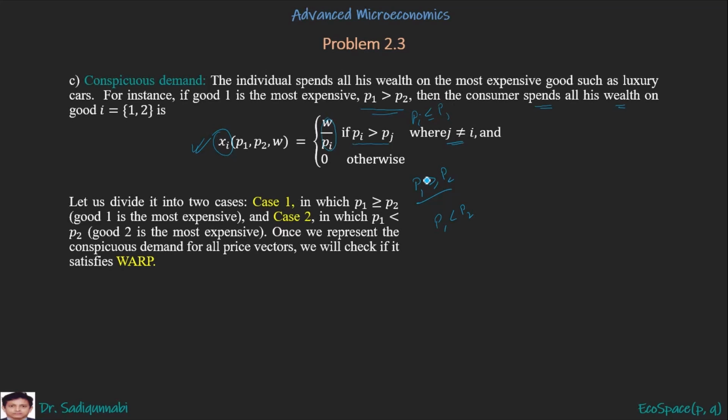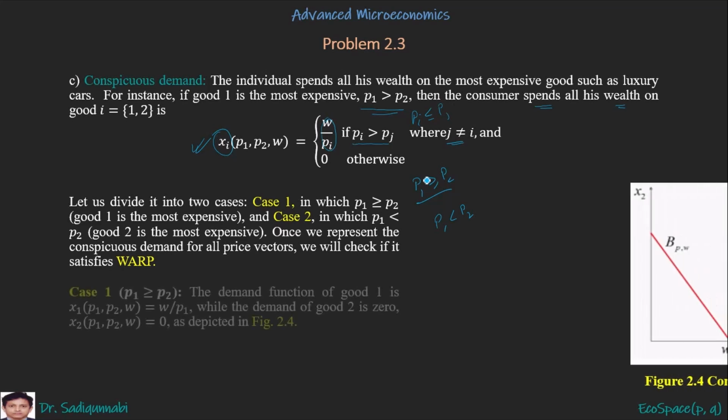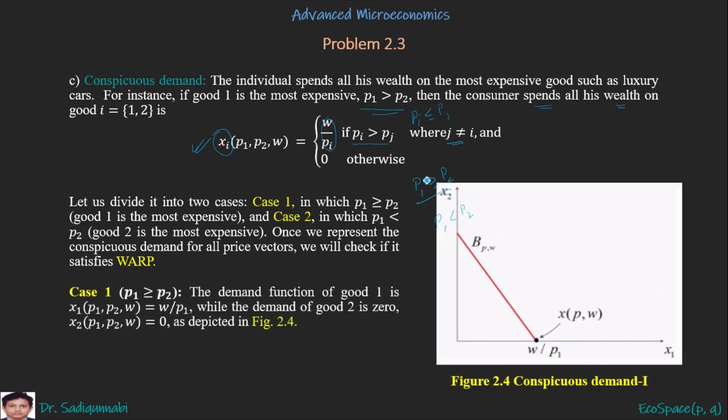For case 1, when P1 is larger, the consumer spends all wealth on good 1. So you see that our bundle lies on the horizontal axis with all the amount of money, W upon P1. So the point is here.